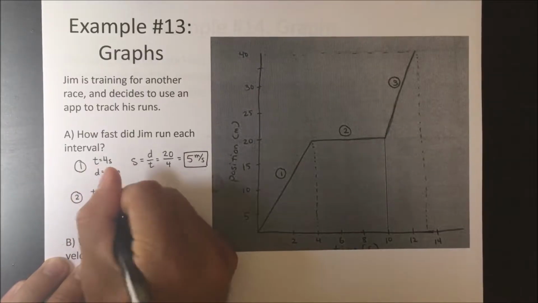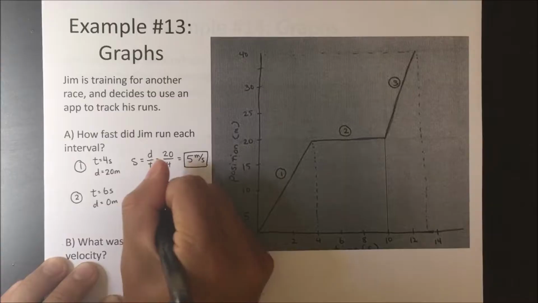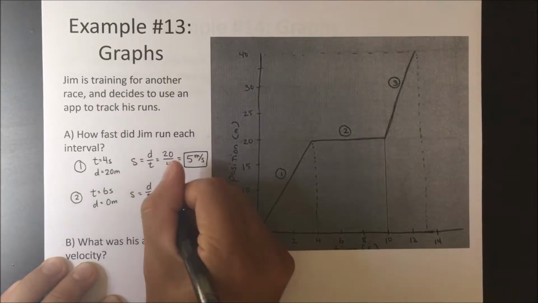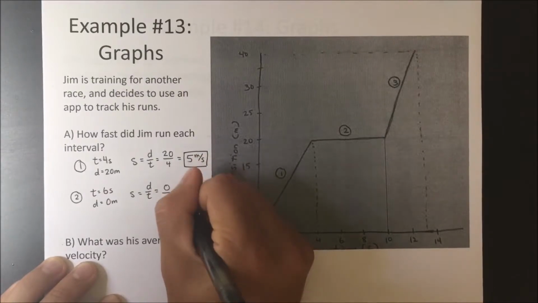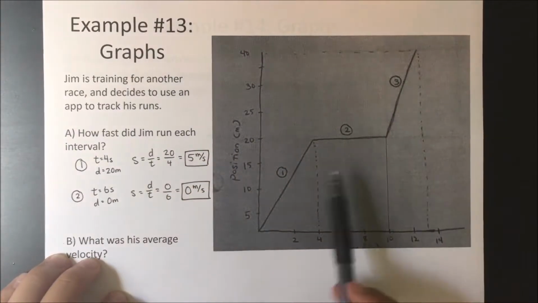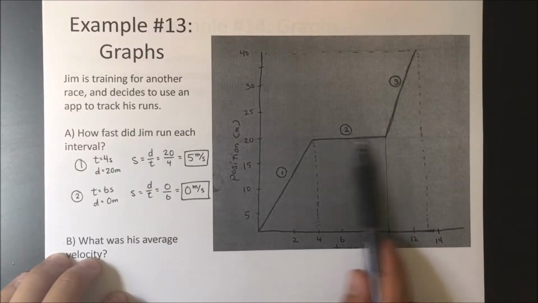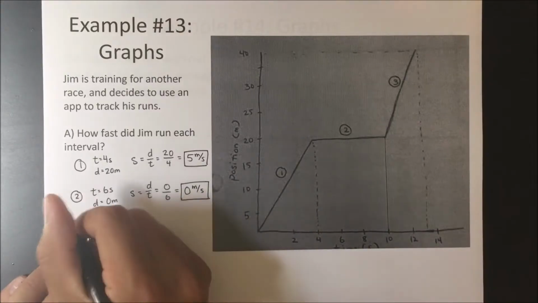So distance is equal to 0 meters. Again, speed is equal to distance over time. And we get that his speed for the second interval is 0 meters per second. He probably just got tired and we're just taking a break. Also, if we just look at the slope, there is no slope, so we can see that his speed is 0 meters per second.